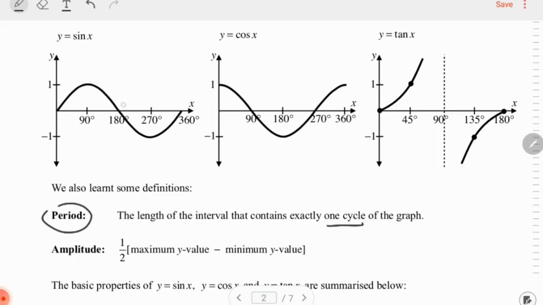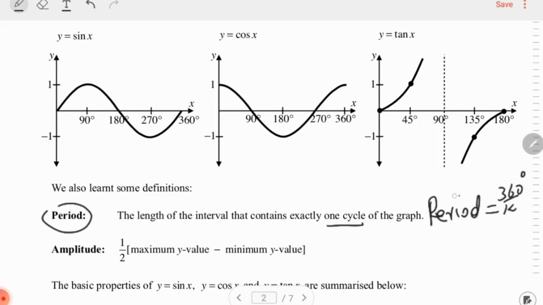So that means that a full circle for sine stops at 360, a full circle for cos happens at 360, and a full circle for tangent happens at 180. So the formula for your period, okay, will be: the period for your sine and cos will be 360. That's because originally a full circle happens at 360.